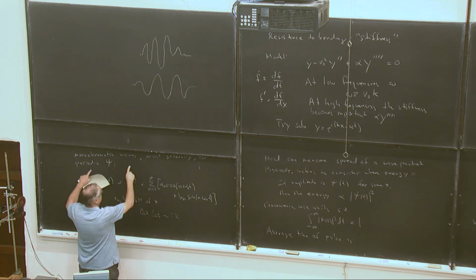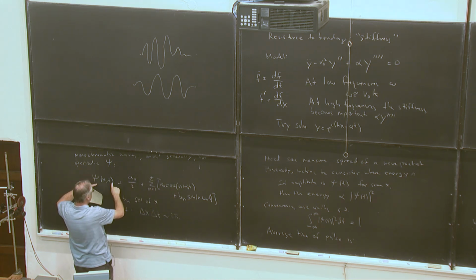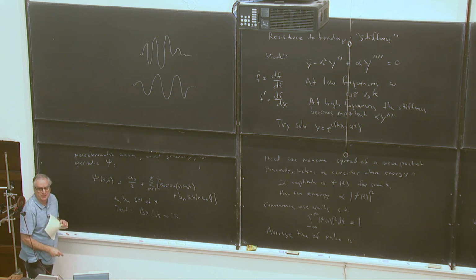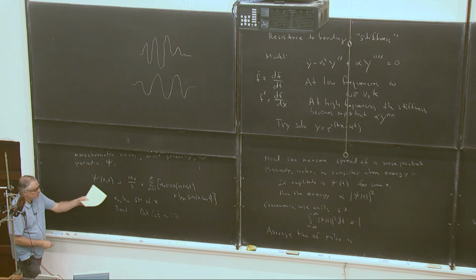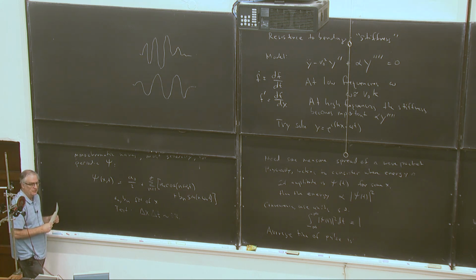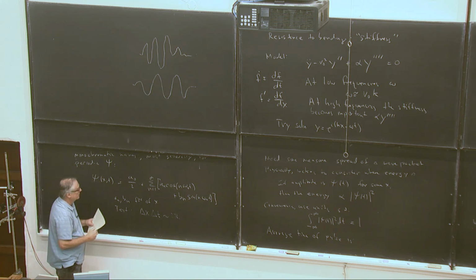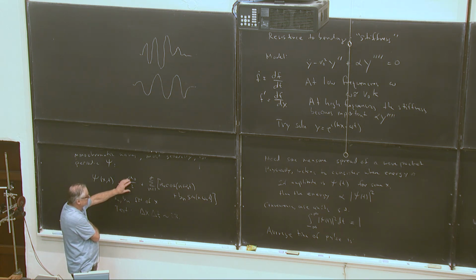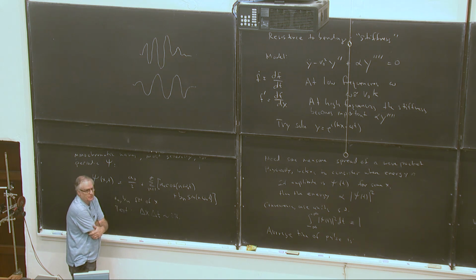I said here, for a periodic function psi, I can expand in a Fourier sine and cosine series. And that's the most general form of my cosine and sine series. The constant here just corresponds to the n equals 0 term for cosine.